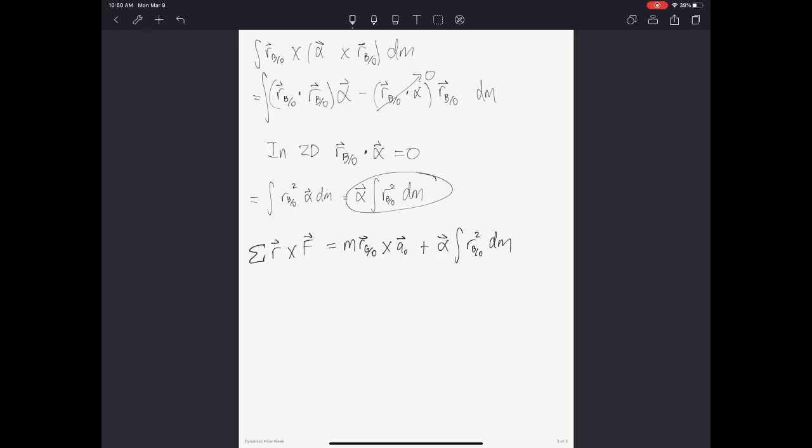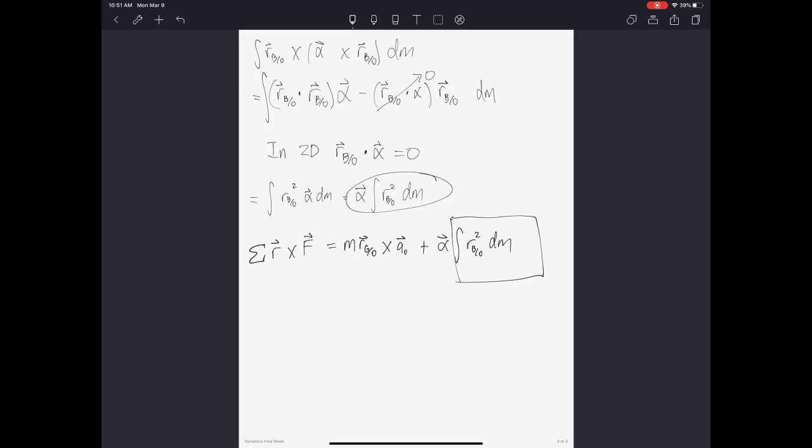All right. This right here is an expression we have seen before. We have worked with this before, integral of r squared dm, but even if we hadn't, this is an involved integral, and we can't put it in terms of the center of mass. There's no meaningful simplification to be done there.